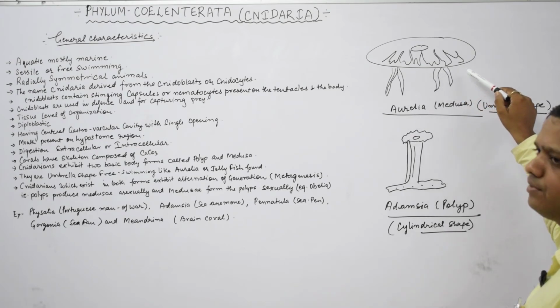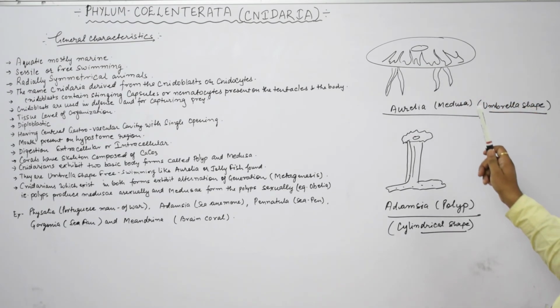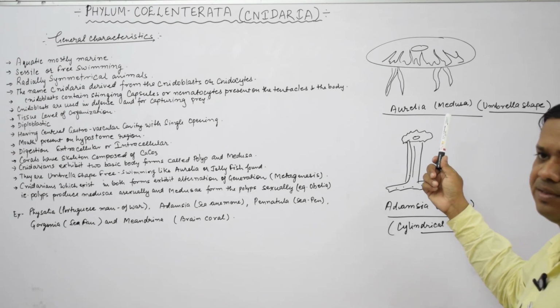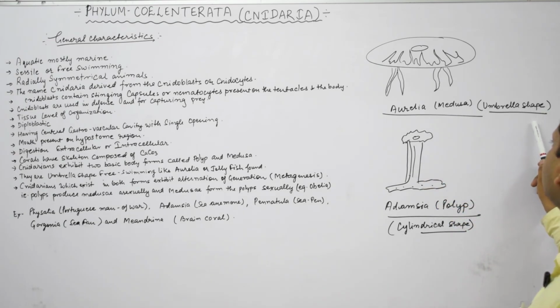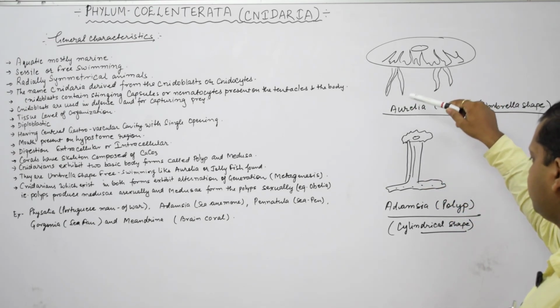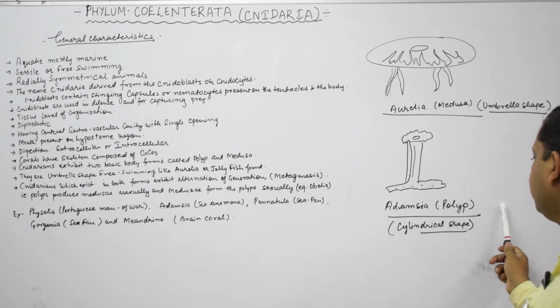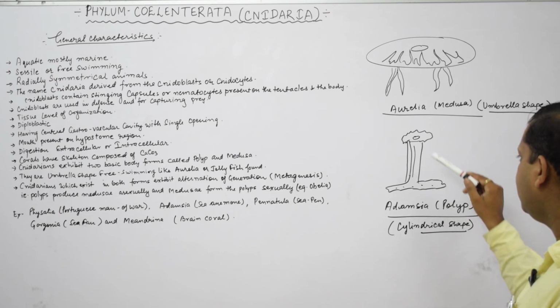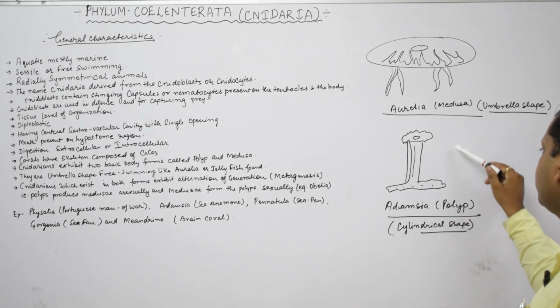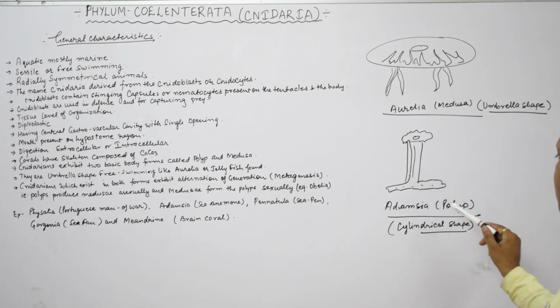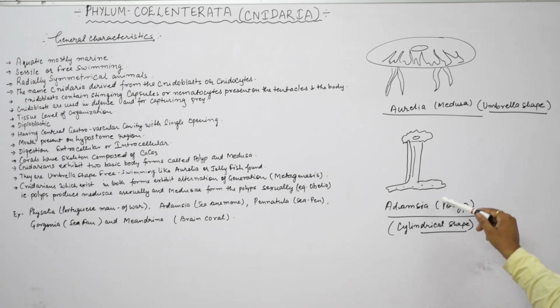They are free swimming in water, and very importantly, they are umbrella shaped. Now Adamsia shows the polyp stage, with a cylindrical structure, and that is called Adamsia or polyp, right.